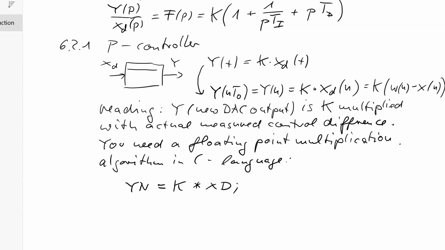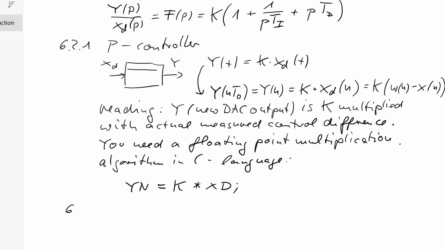So that's the command line in a C program where you realize the P algorithm, and this of course has to be done each sampling time. If you sample with 1 millisecond, this has to be done 1000 times a second, and that's all. So you have your P controller.